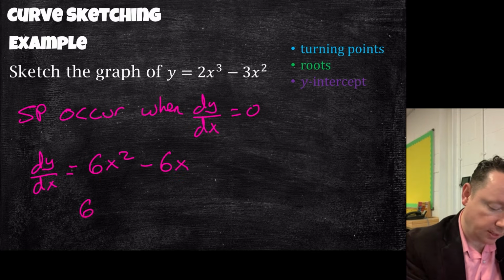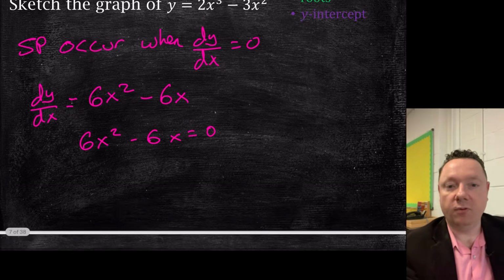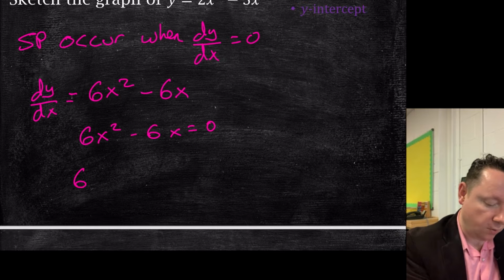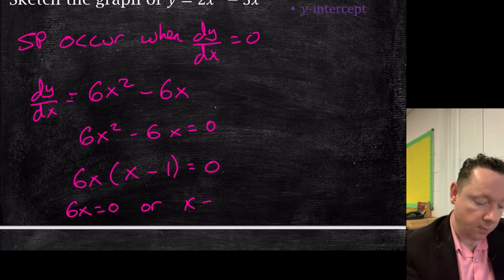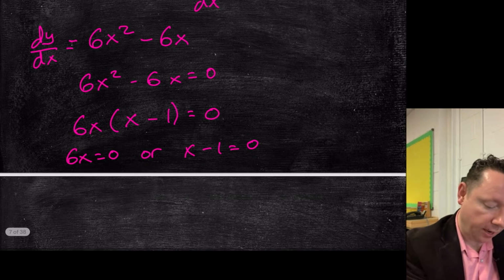So we're saying 6x squared minus 6x equals 0 for our stationary points. Simple factorization there. 6x is a common factor, so that gives me 6x times x minus 1 equals 0. So that means that 6x equals 0 or x minus 1 equals 0. And therefore we can then say that x equals 0 or x equals 1.